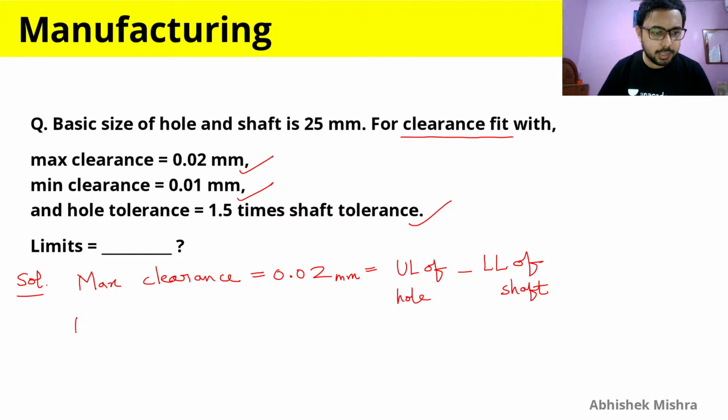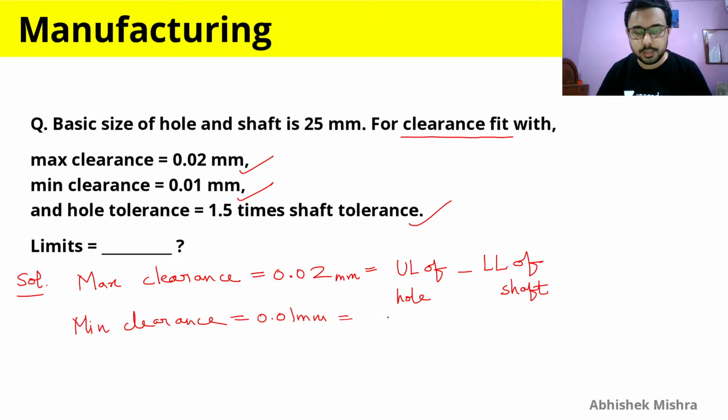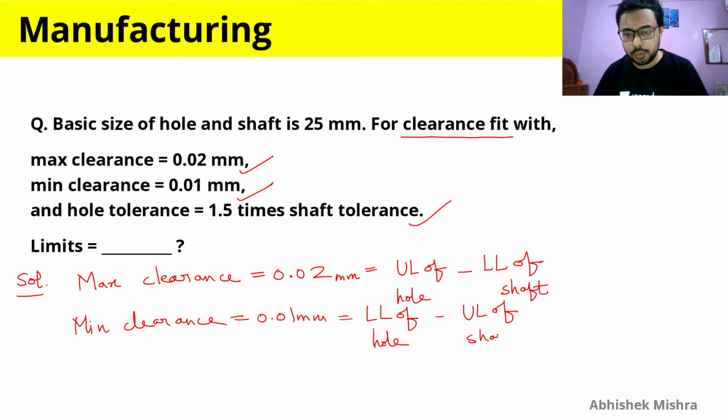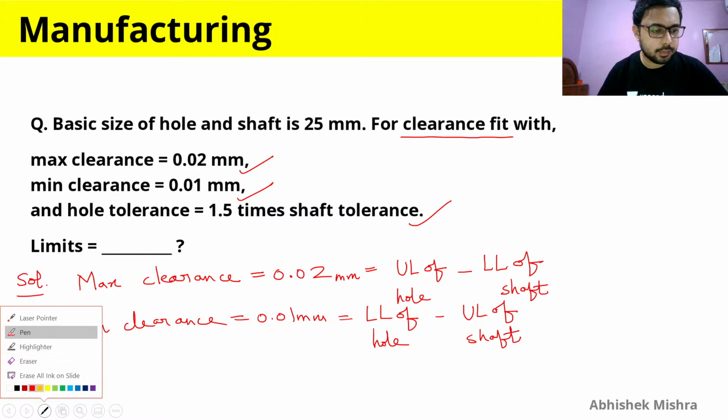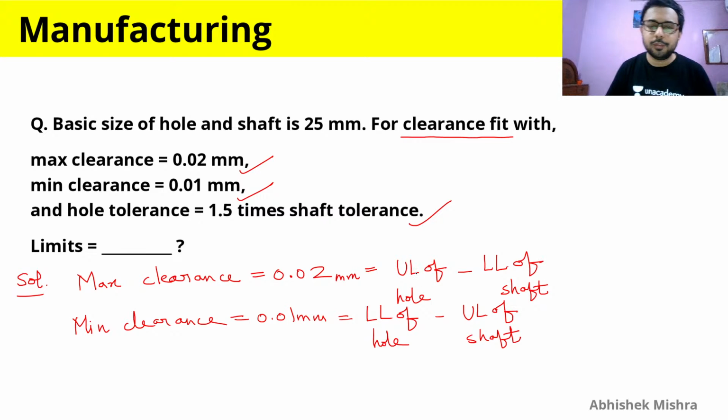And minimum clearance is given as 0.01 mm, and it is the lower limit of hole minus upper limit of shaft.